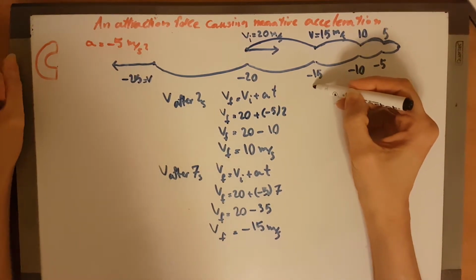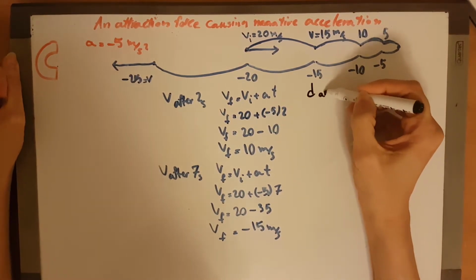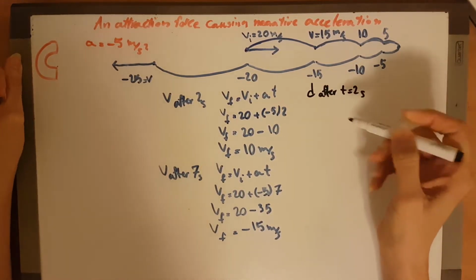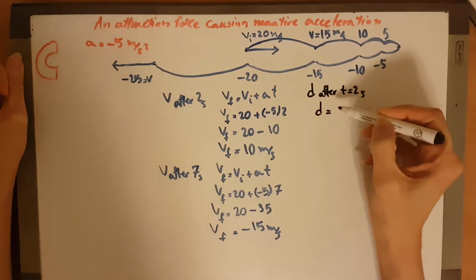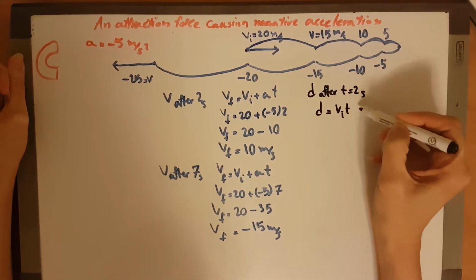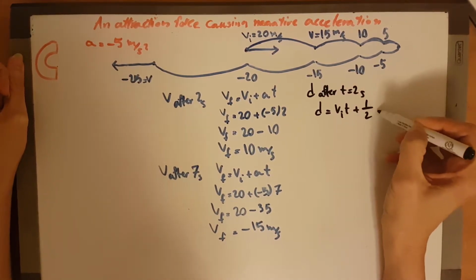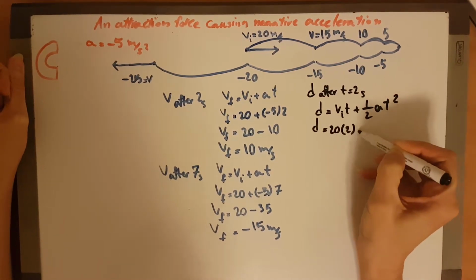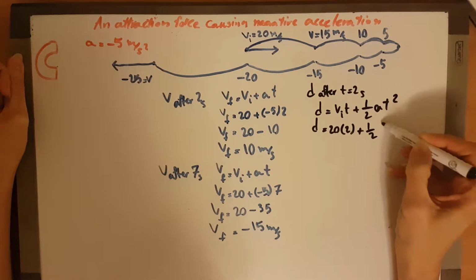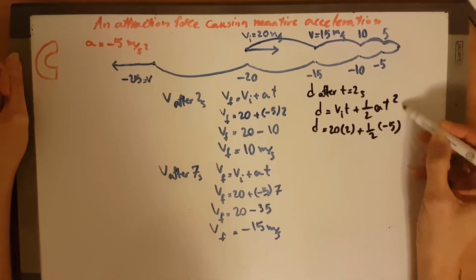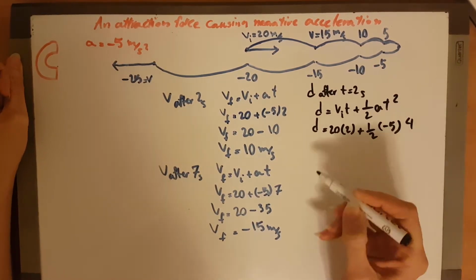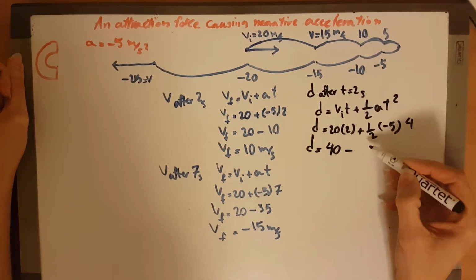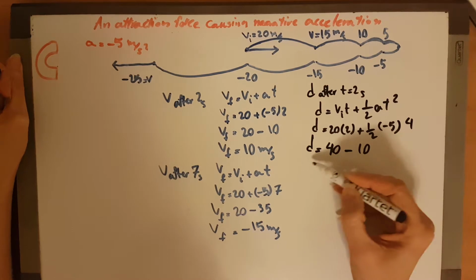Let's find the displacement after 2 seconds. So this is the formula for displacement: V initial t plus half a t squared. So it is 20 times 2 plus half of negative 5, and 2 to the power of 2 would be 4, right? So the displacement would be 40 minus 10.